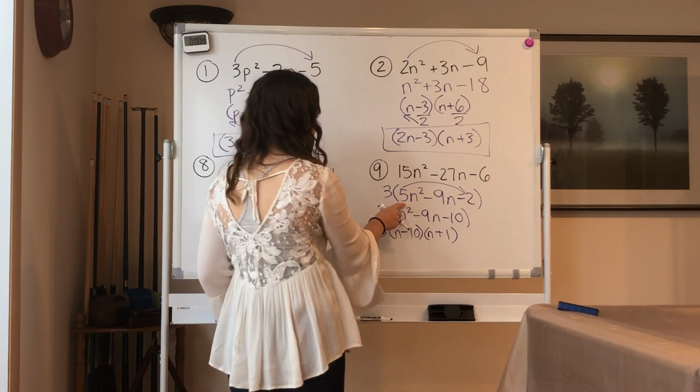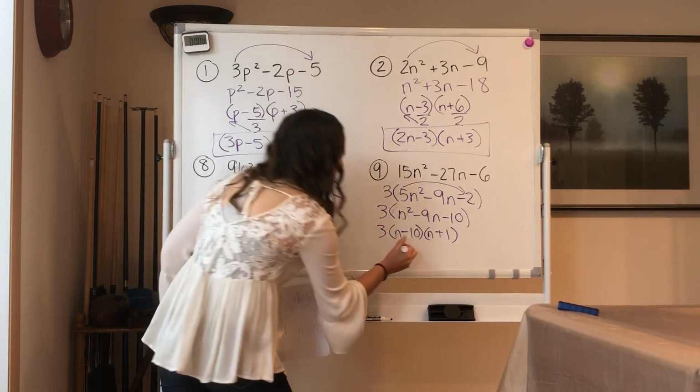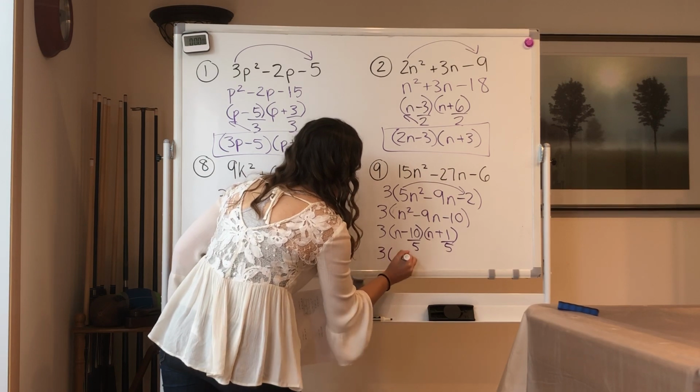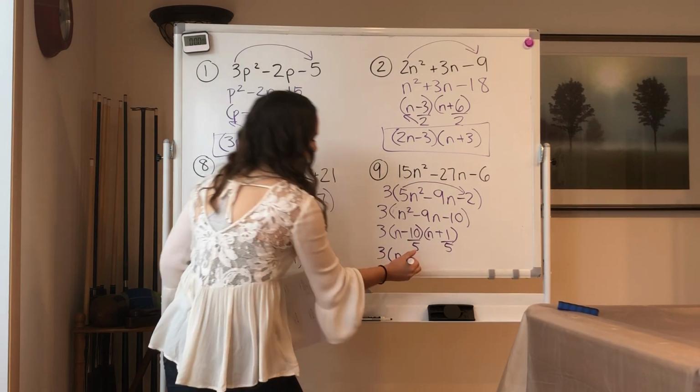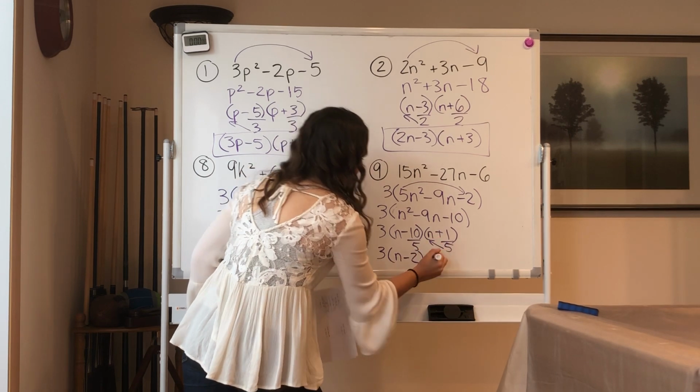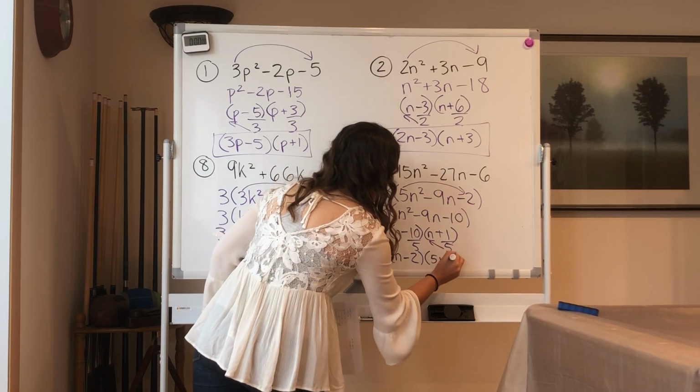Now divide by what I slid by, which was 5. This reduces to n minus 2. This one you can't reduce, so bottoms up, 5n plus 1.